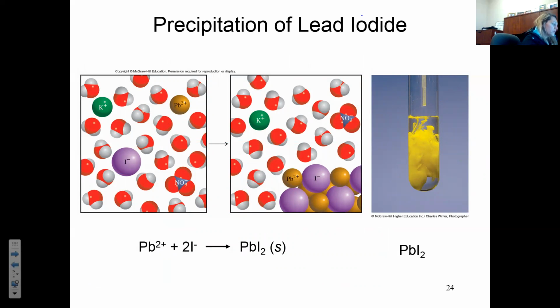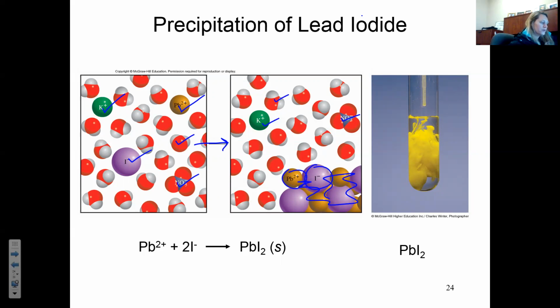Although we have water, and we have lead, and we have potassium, and we have iodine, and we have NO3, the only thing that's actually happening at the end when we process that entire equation is this: the potassium is not doing anything, water is not doing anything, NO3 is not doing anything. The only things you see doing anything are these ones clumping together down here, which are the iodines and the Pb.